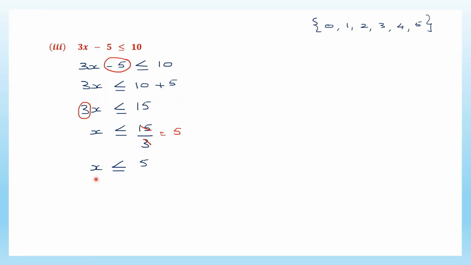Now let's read this. x is less than 5. It's also equal to 5. So let's look at all those numbers less than 5. All the numbers less than 5 go up to 4 and it's also equal to 5. So our solution set is the same as our replacement set. So let's write our answer. Our solution set is 0, 1, 2, 3, 4 and 5. So we've got a solution set there.